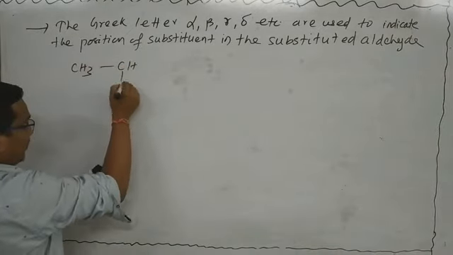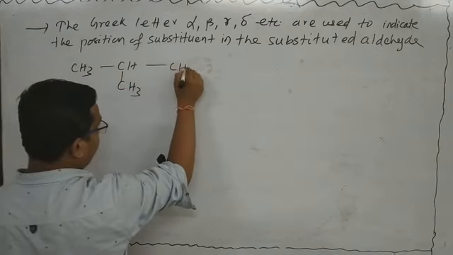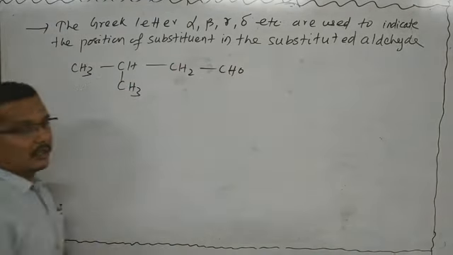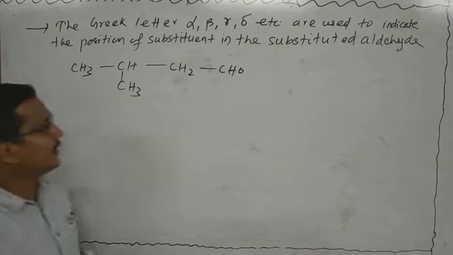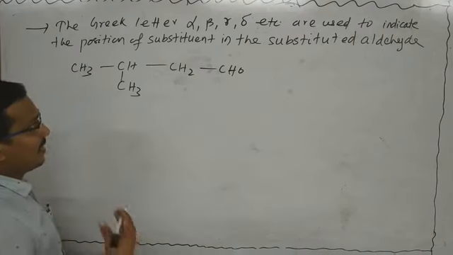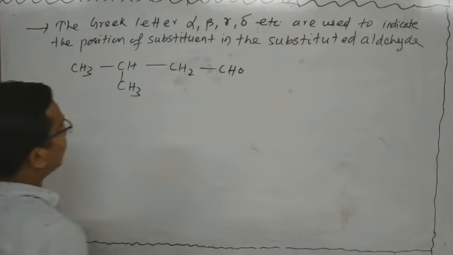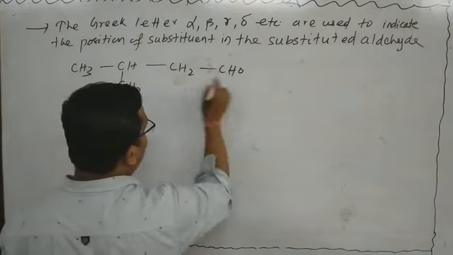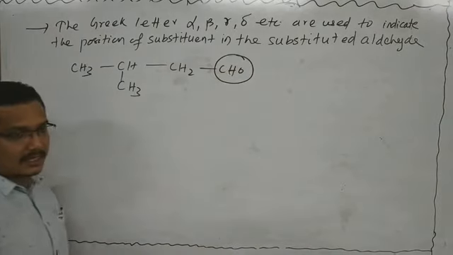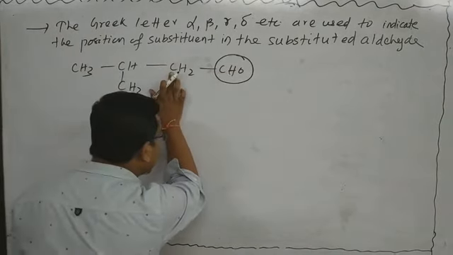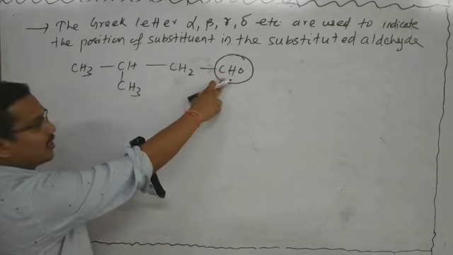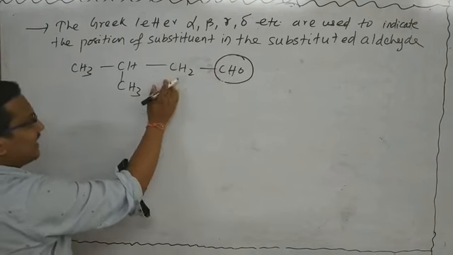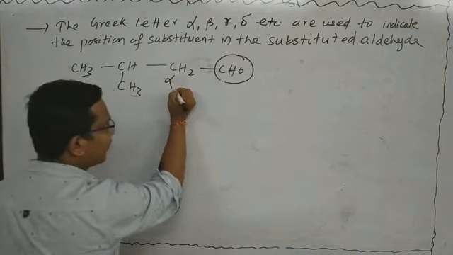CH3CH2CH2CHO. This is an organic compound related to the aldehydes. At first, our aim is to identify the carbons according to the Greek letters. In this compound, this is the functional group of aldehydes, and this is the first carbon attached to this functional group. As a result, it is given as alpha carbon.